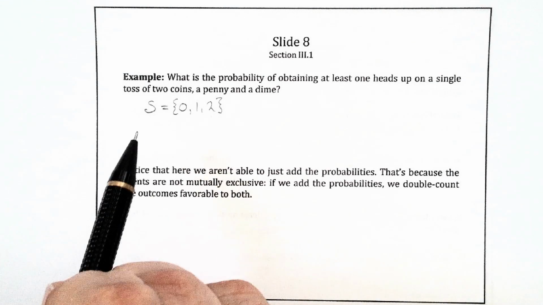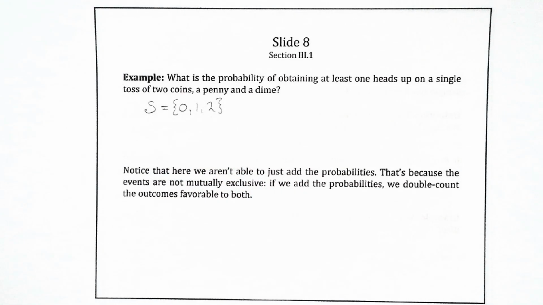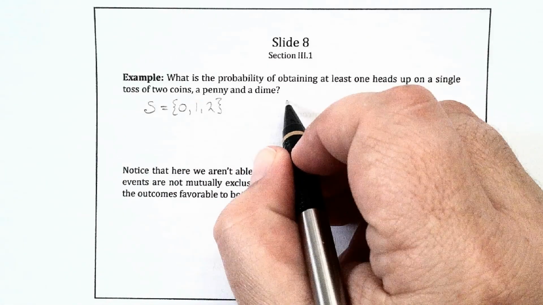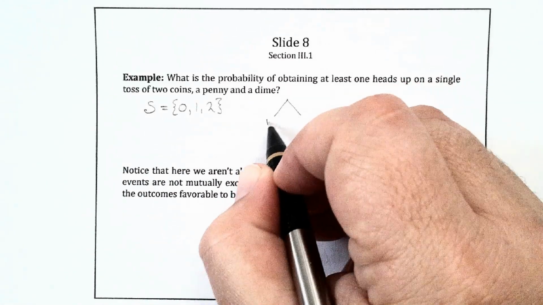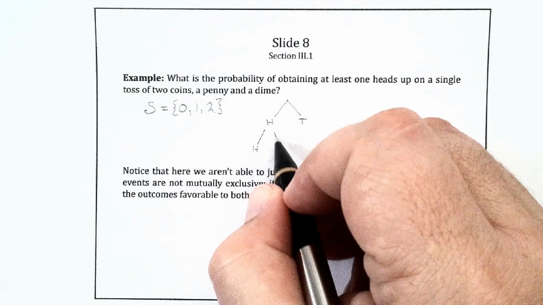Or what's another way of looking at it? Well, I could write down how each coin lands. The penny could be heads or tails, the dime could be heads or tails. I could draw a little chart here where, okay, I get heads or tails for the penny, and then heads or tails for the dime.